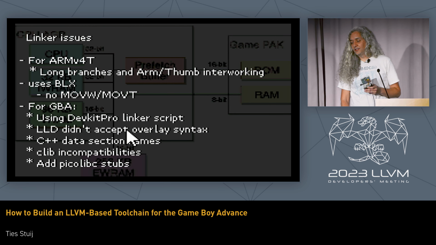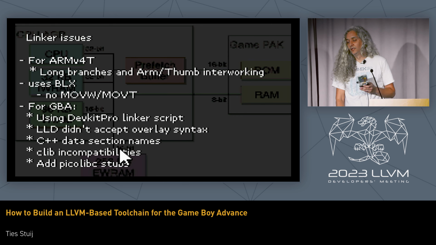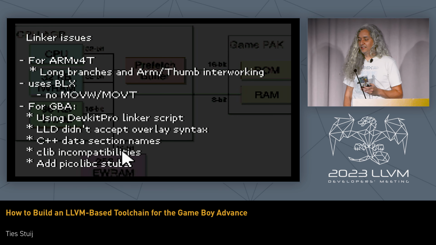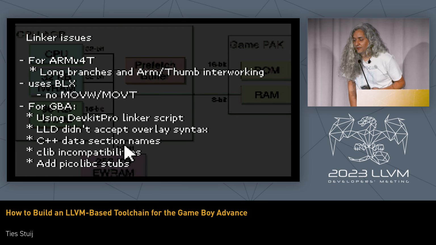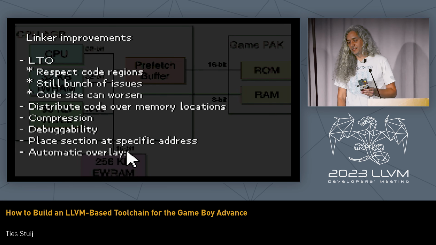LLD does do overlays, but looking at the code, it looked very, very simple. In general, we know that it needs work. Anyway, some C++ data structures and code sections needed to be put in the right place, and we didn't define the right names for those. There were some CLib incompatibilities with things that were defined in CLib that we didn't know how to handle. Very, very small potatoes, quite easy to fix up.